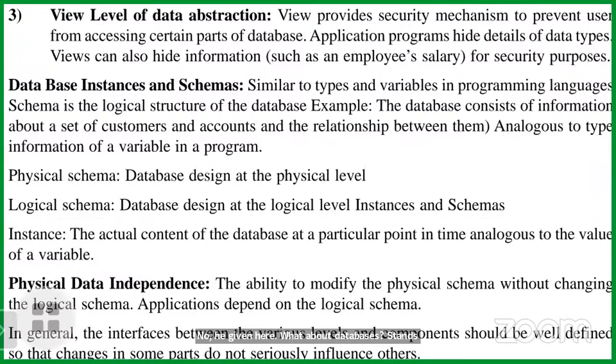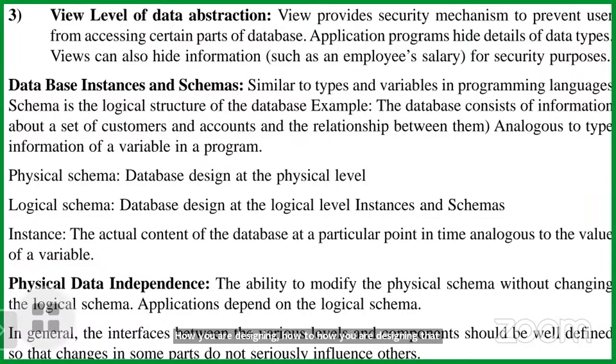So what does schema mean? Schema is nothing but designing. See here what he has given: schema is the logical structure of the database. Designing means how to design the data to store, how you are designing to store the data in the database. That planning is called a schema.